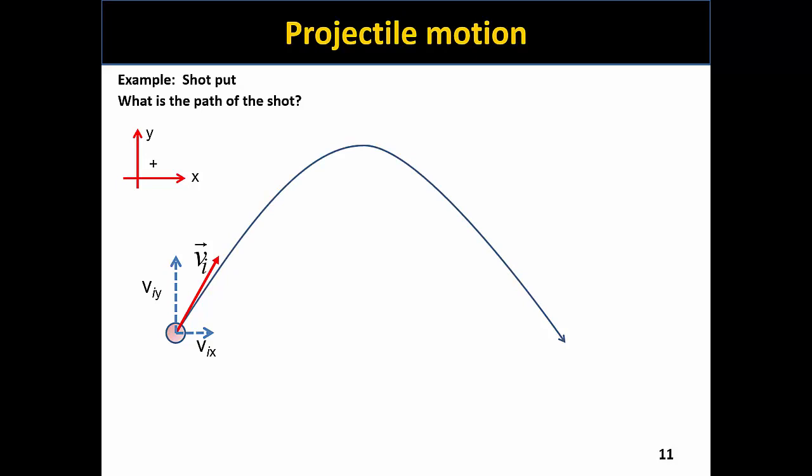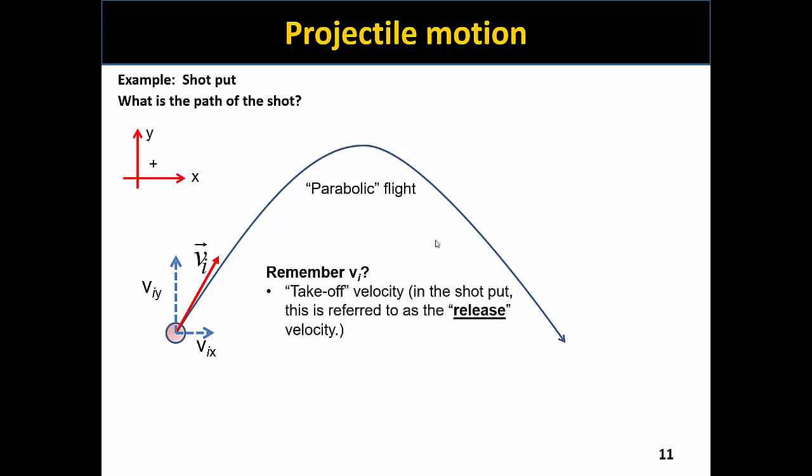And this is important to know because the shot will take what's called a parabolic path or a parabolic flight, which is characterized by an apex, which is the maximum vertical position, and the lead up to the apex will mirror the trajectory on the opposite side in terms of its shape.